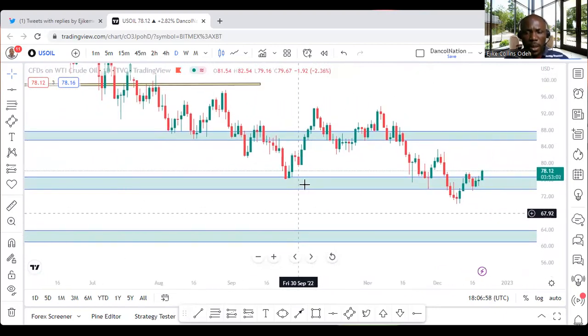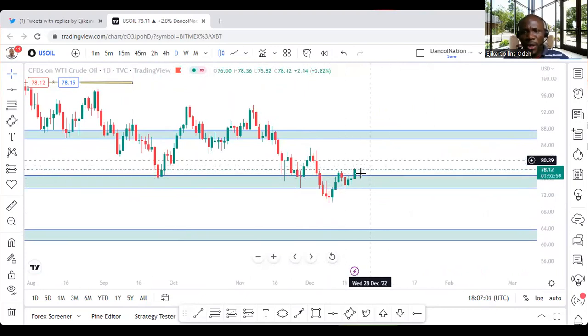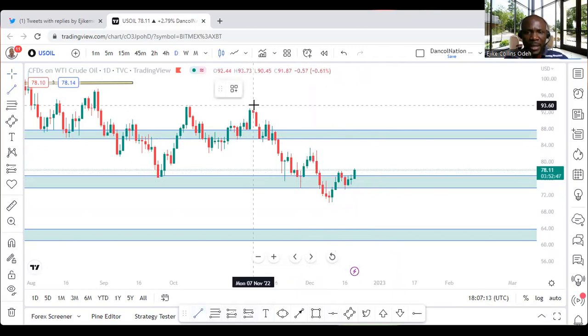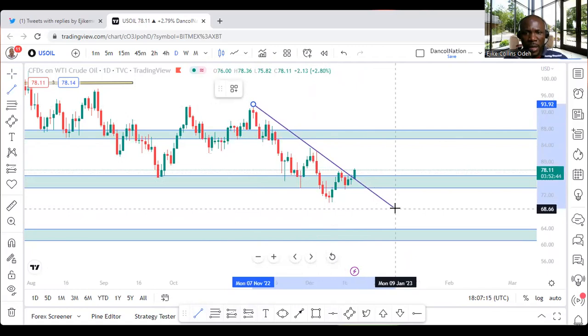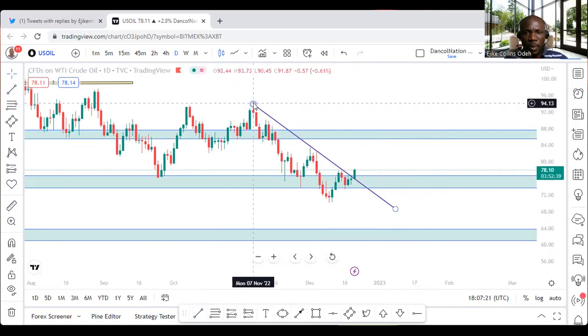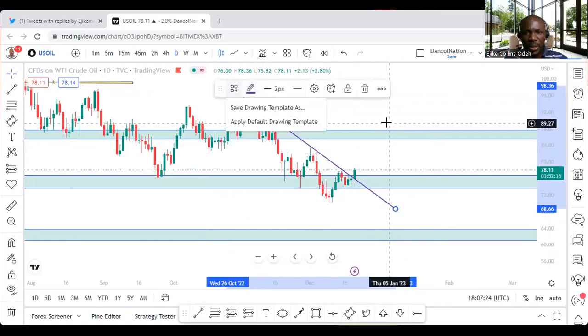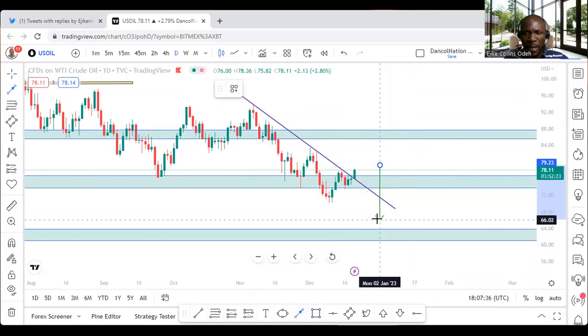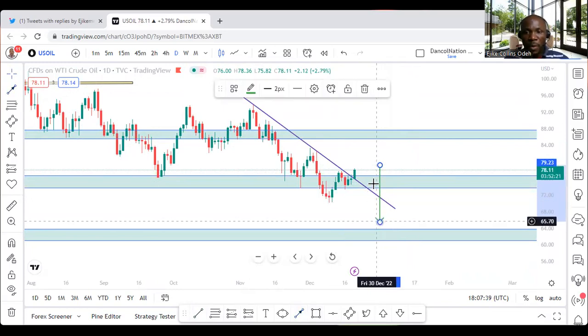But if it is unable to break this, that means we're going to see information that the price movement will be displaying to us. Currently we can say that this is a retracement, but whatever happens within this place, if this market goes up and comes down, it will be coming here if we're able to break this.